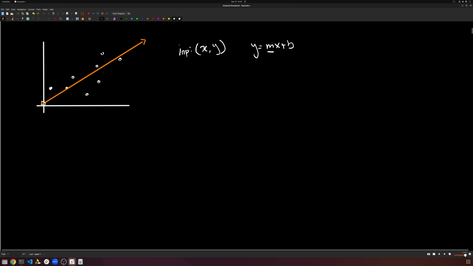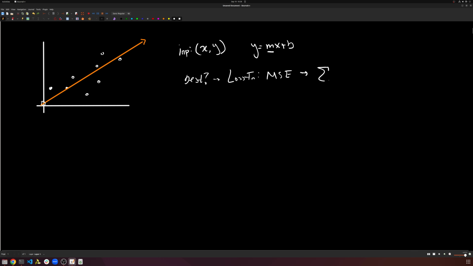And step one is we want to find the line that's best modeling our data. So the first question is, what is best, right? How do we define best? And this is where we define something known as the loss function, right? In the case of linear regression, there's actually a ton of loss functions we can use, but the most common one is mean squared error, which will look something like this.